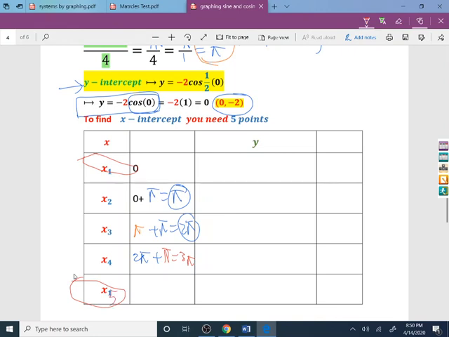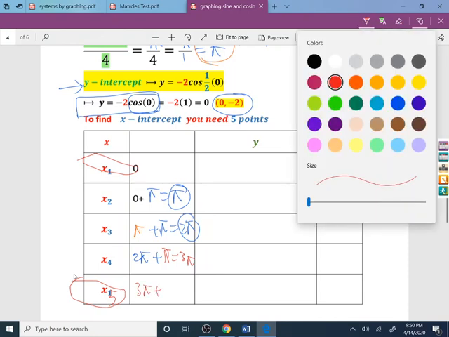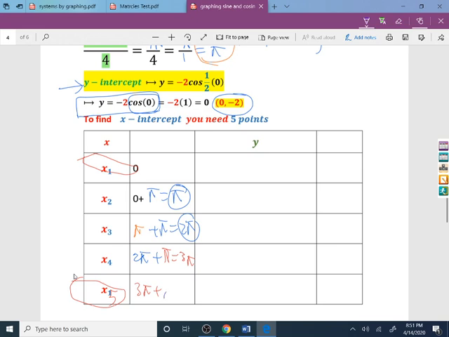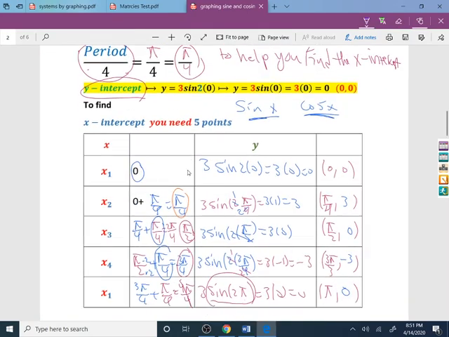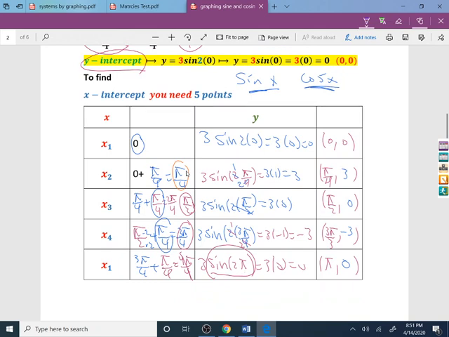I want to show you what I mean. This is x5, 3 pi plus pi is 4 pi. Look, this is 0, this is 4 pi. The difference between them is 4 pi, which is the period. Let me go back to that example quickly. Look here. This is 0 and this is pi.